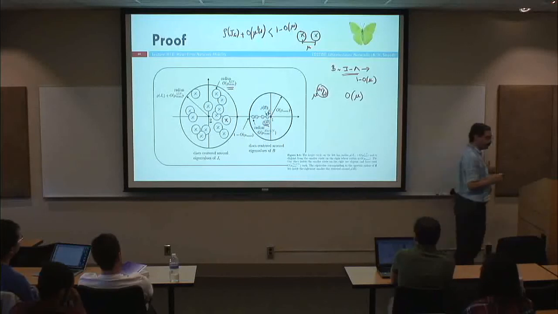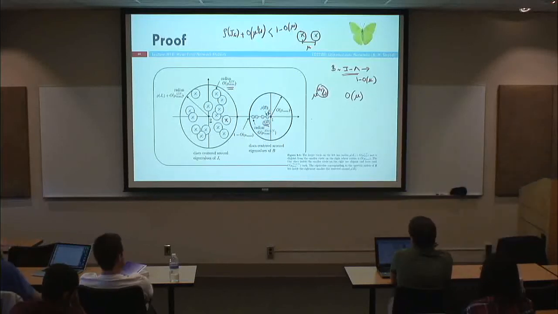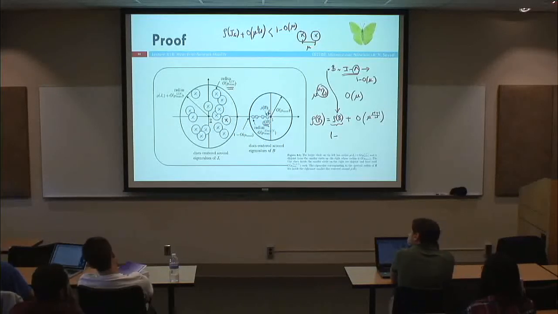So the spectral radius of calligraphic B will be the spectral radius of the original B, plus of the order of mu m plus 1 over n, correct? Now, what is the spectral radius of this B? It is 1 minus this, the spectral radius.